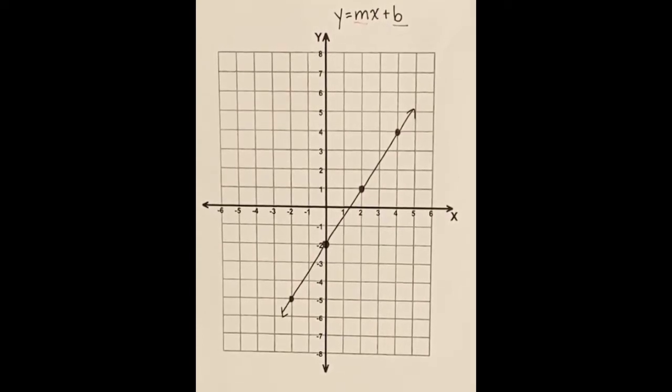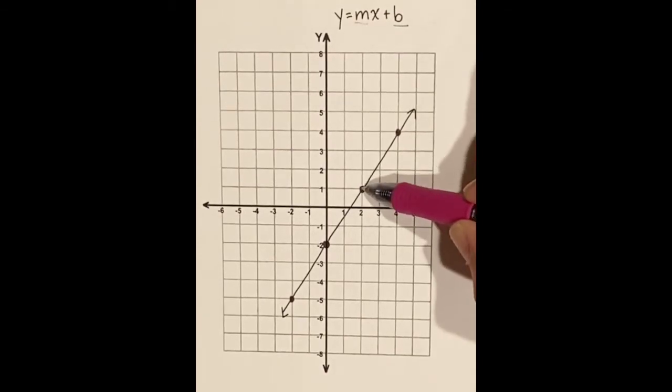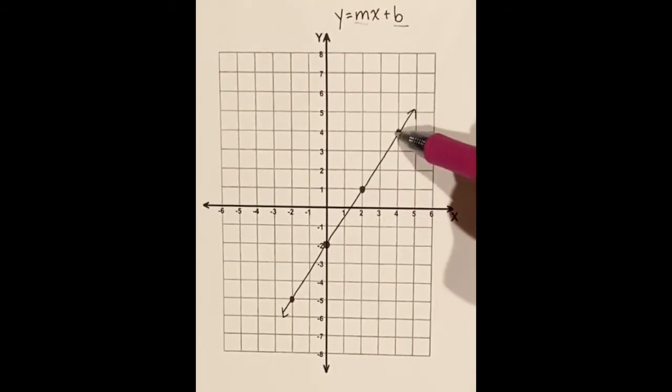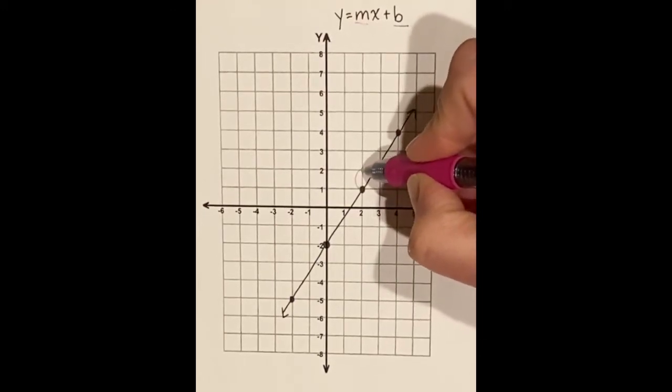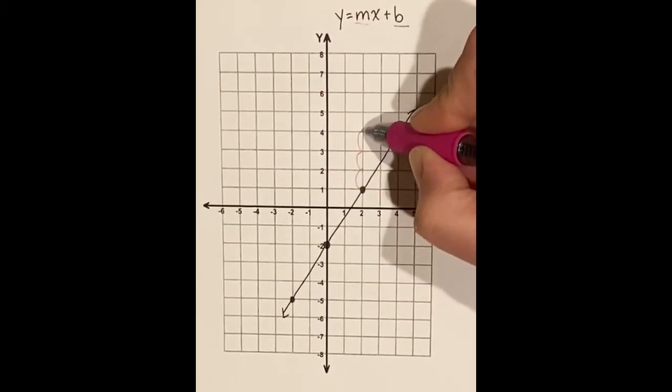Since we're on the graph, we could count the rise and count the run and just figure out the slope that way, because if you recall, slope is just rise over run. So let's just count. I'm going to go between these 2 points right here. If I'm going to calculate my rise, I'm going to go up 1, 2, 3.